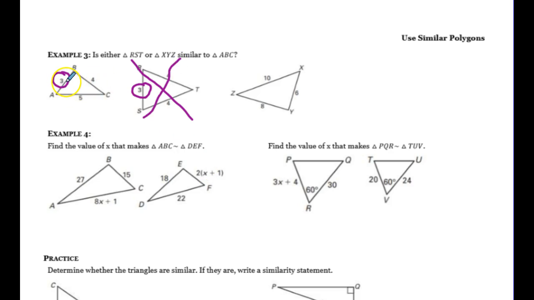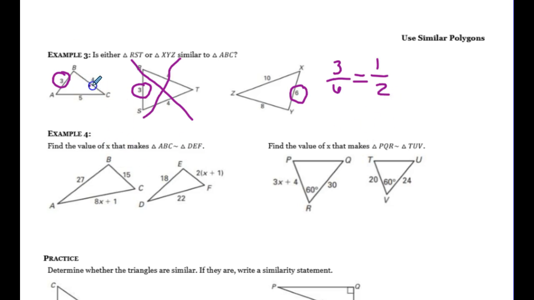Alright, so now I'm going to take my 3 and I'm going to look over here, and 6 is my smallest side. So if I want to write a ratio, then I could say 3 to 6, which is the same as 1/2.